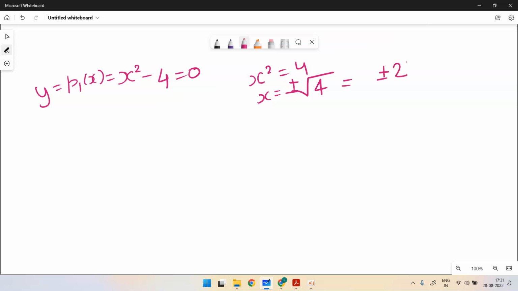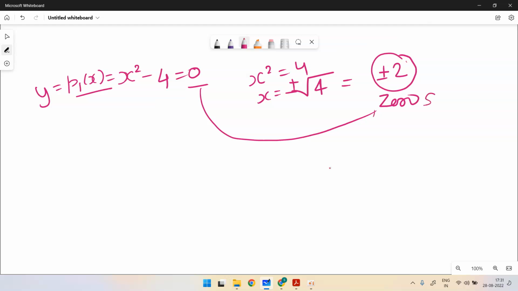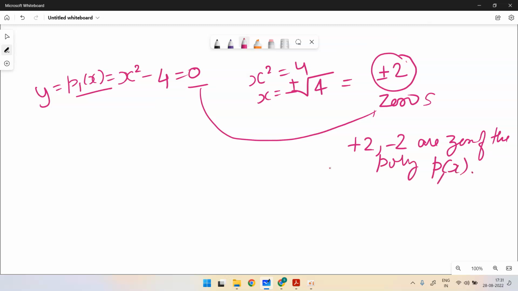What is it? This is called zero, because I have equated this equation to 0. So this is called zeros of this polynomial, which implies that plus 2 and minus 2 are zeros of the polynomial p1x. I have taken p1x, so I will write it here.